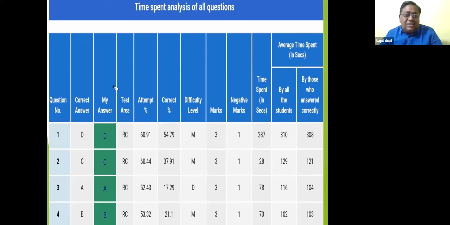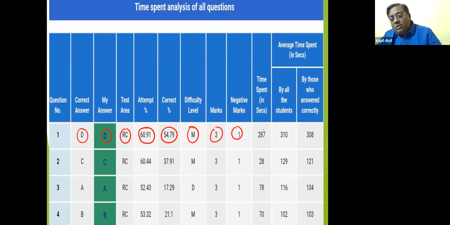Let's say question number 1: correct answer, my answer, area, percent attempted, percent correct out of those attempted, difficulty level, marks, negative marks, time spent in seconds by me, by all students, and by all those who answered correctly.